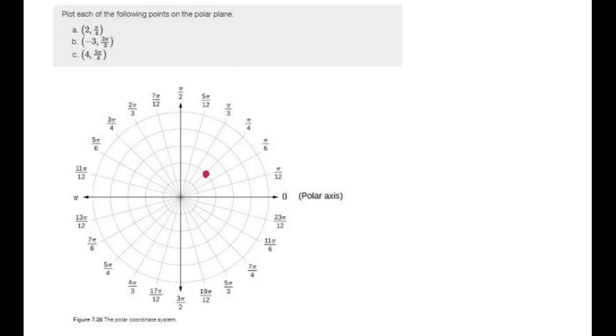Now, when our radius is negative, what ends up happening is you go to 2 pi over 3, 1, 2, 3, but then you negate it the complete opposite way. 1, 2, 3 is that point there. All right, let's look at 4 and then 5 pi over 4. So go to 5 pi over 4, count out 1, 2, 3, 4, and that's my point for 5 pi over 4.